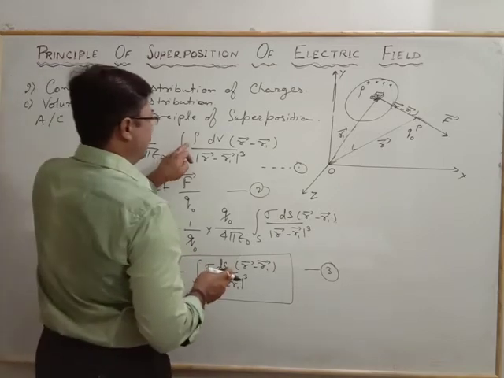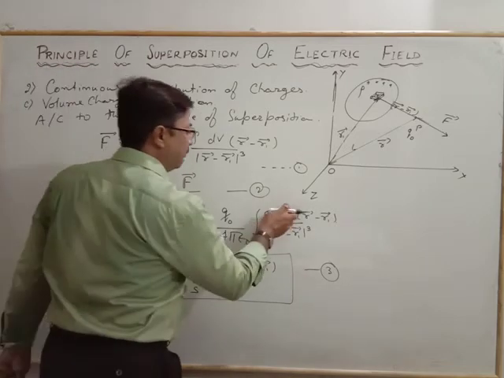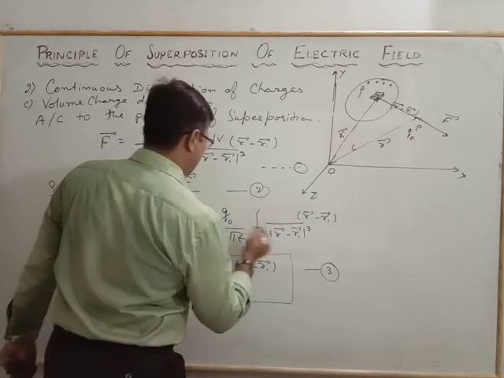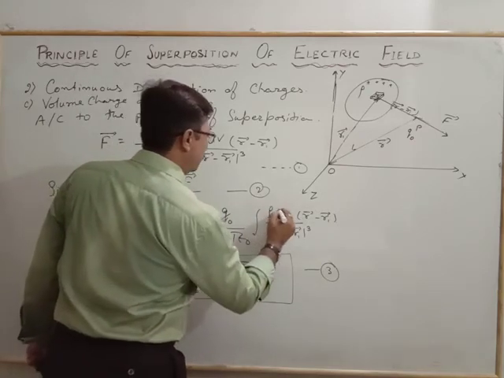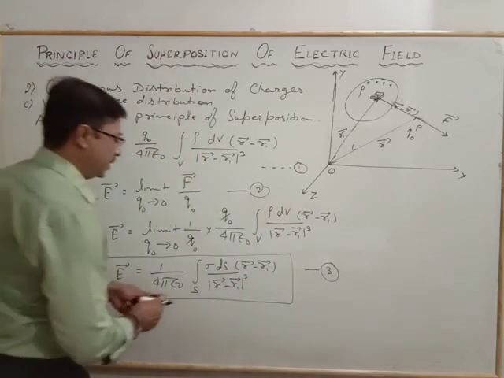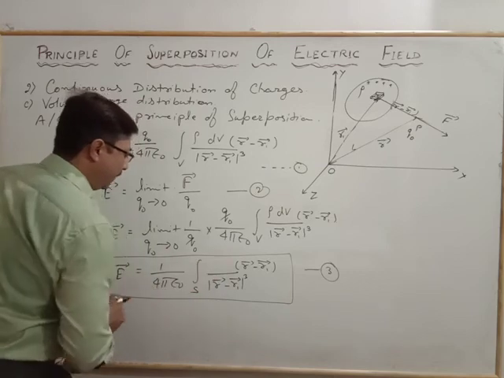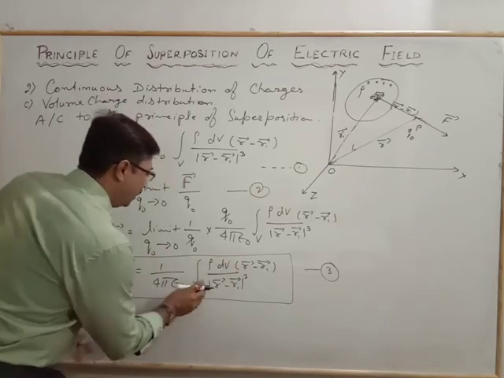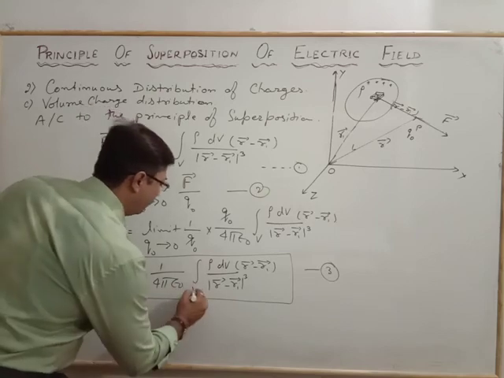The change done earlier applies in the second step also, that is rho dV integrated over the complete volume, and we find the electric field.